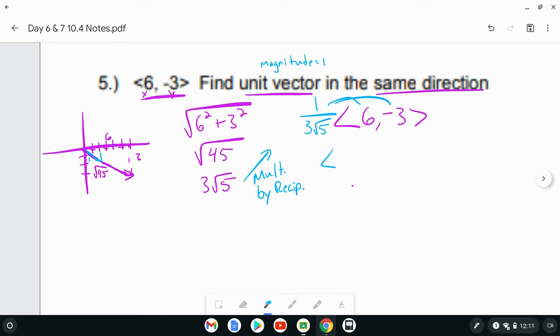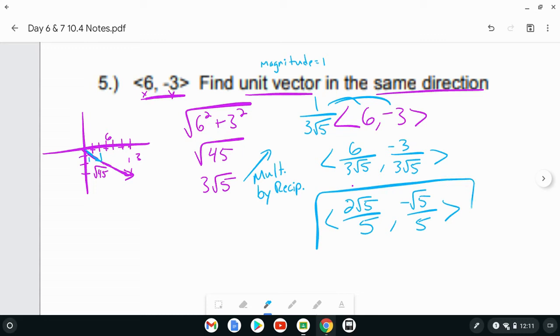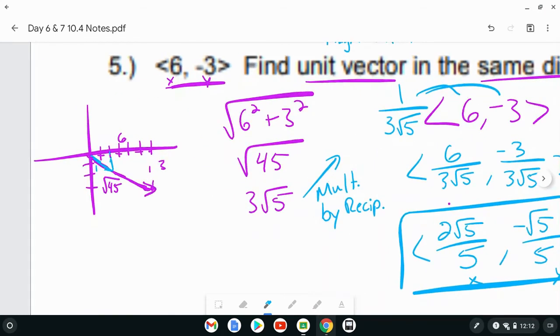So by doing this, 6 over 3 root 5, comma, -3 over 3 root 5, you end up reducing it. We get, what is that, 2 root 5 over 5, negative root 5 over 5. So now this right here is our unit vector, the horizontal and the vertical component. If I made this right triangle, this would be 2 root 5 over 5 as the horizontal component, negative root 5 over 5.